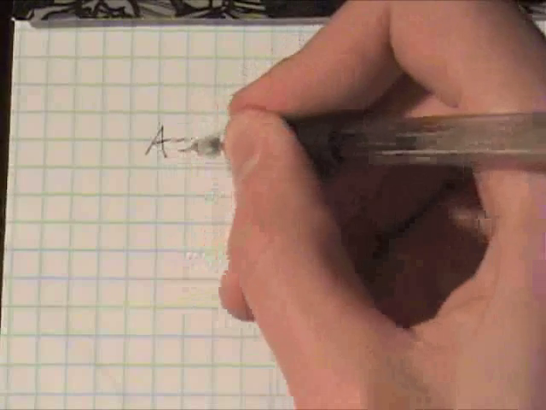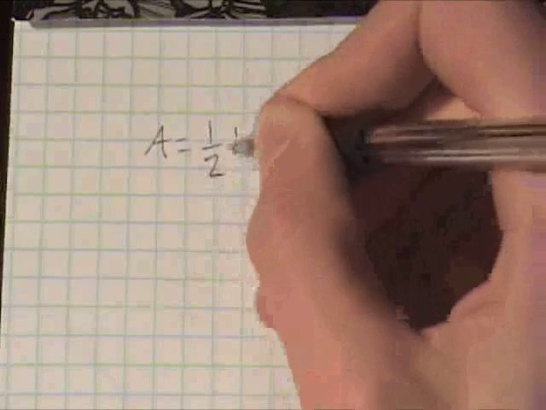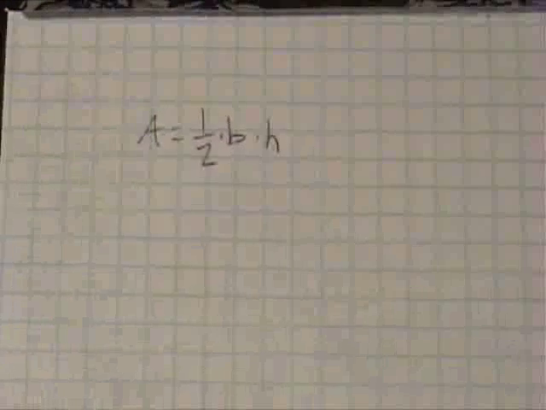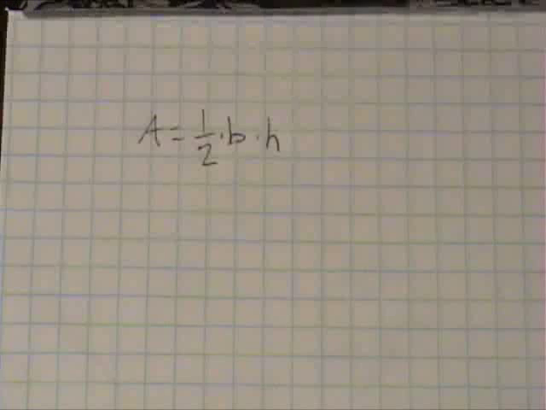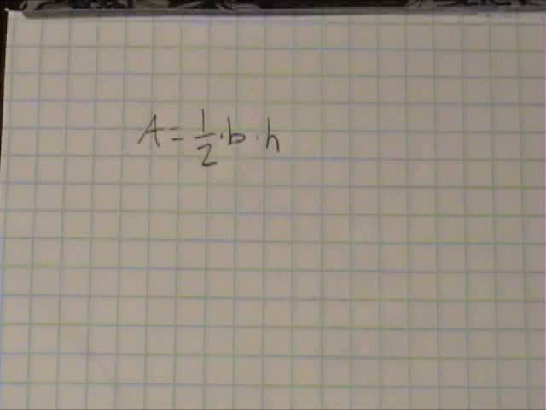What is the area of a triangle? It is area equals 1/2 times base times height. What did they tell us in the problem that we already know? We know its area, it's 54 square centimeters, and its altitude, or its height, is 9 centimeters.